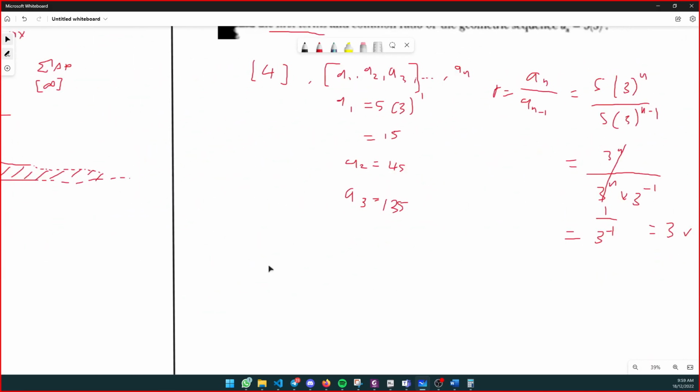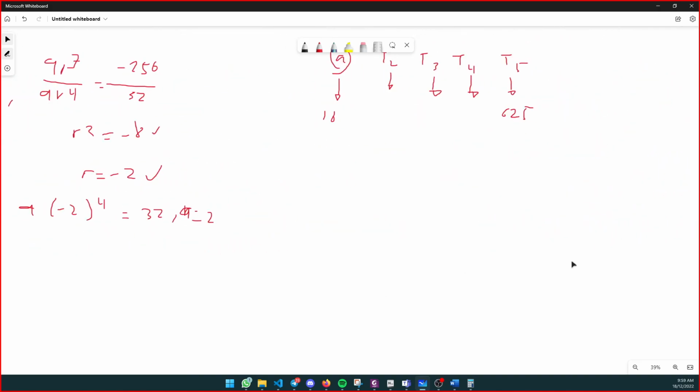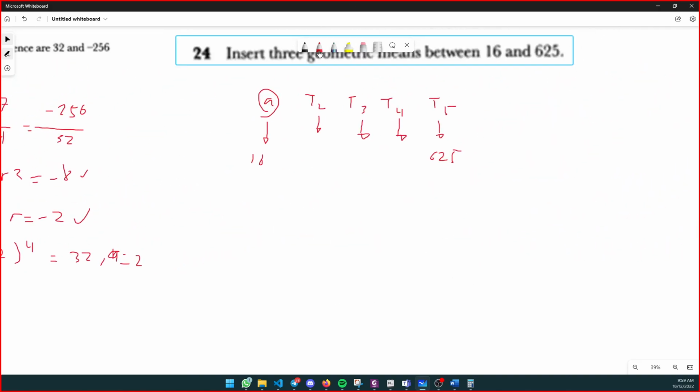Just make sure it's a commonly used term. Don't put Z, X, Y in this section, since this is sequence and series. So don't just put X, Y, and Z. That's okay. Back to the question.